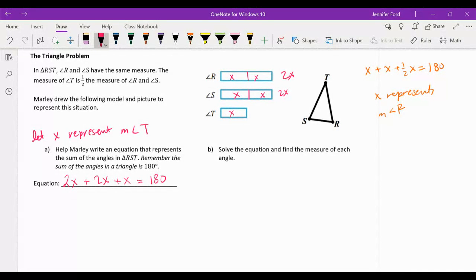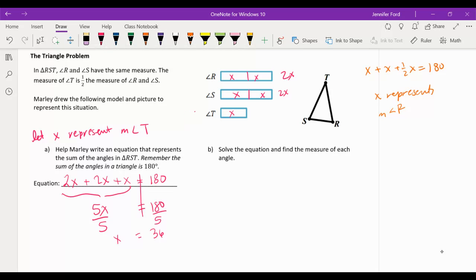All right, let's go ahead and solve it. Looking at this, all of these together, 2 plus 2 plus 1 is 5X equals 180. Divide both sides by 5. That is 36. 36 times 5, yep, so X is 36 degrees. So in this case, that would mean angle T is 36 degrees.